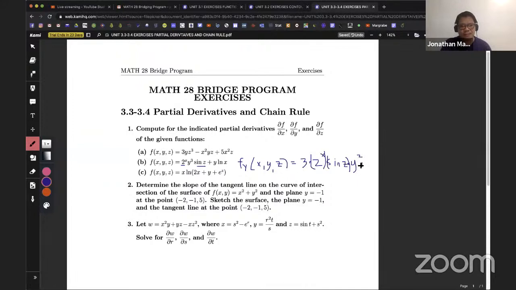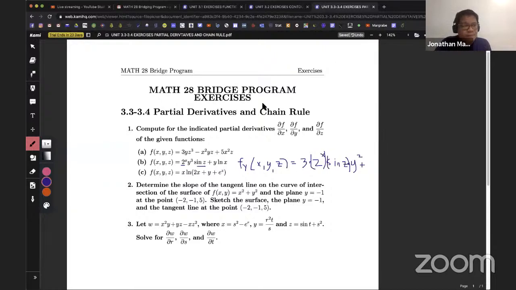Alright. Next. Plus, ano ngayon ang derivative ng y ln x? Take note, we are taking the derivative with respect to y. What is the derivative of y ln x? Okay.